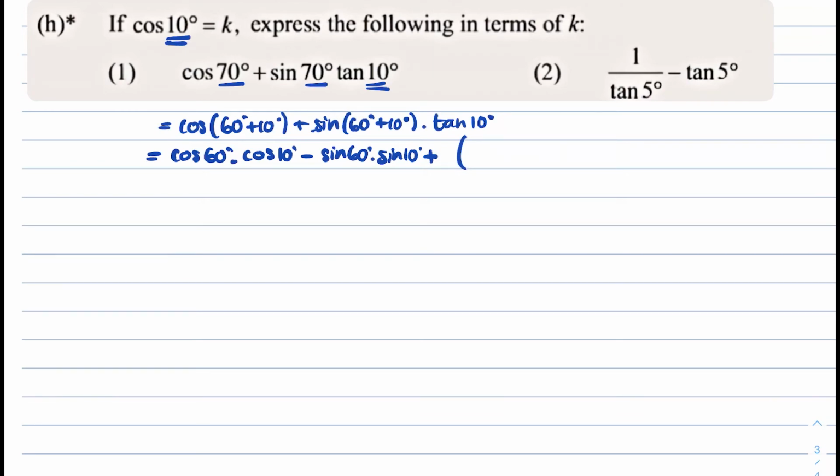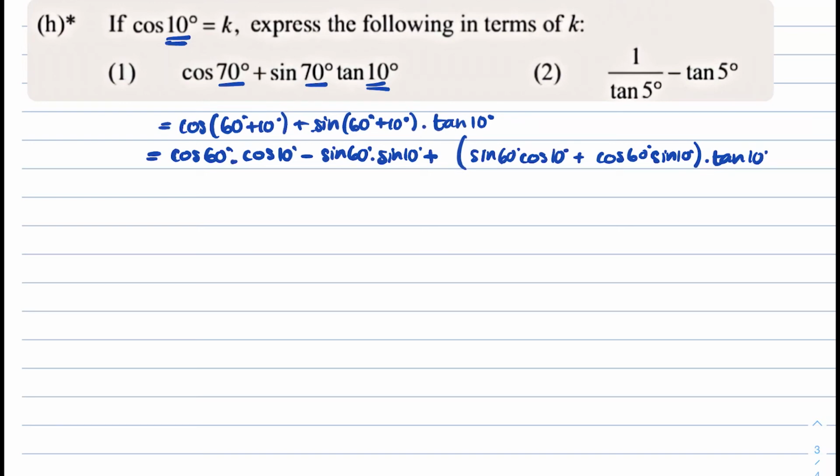So we need to keep it in brackets when we expand. This is going to be the sine of 60 times the cosine of 10, but I'm going to keep the plus, and then we have the cosine of 60 times the sine of 10 degrees, times the tan of 10 degrees.